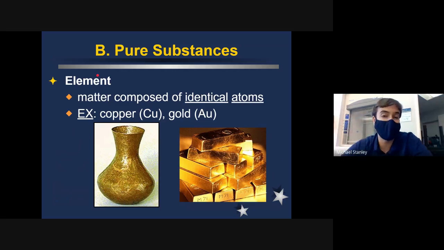There's no other different types of atoms in there. Every single atom looks exactly the same as all the other atoms. So because all of the particles are the same, it's a pure substance. And because it's all the exact same atom, that makes it a pure element.